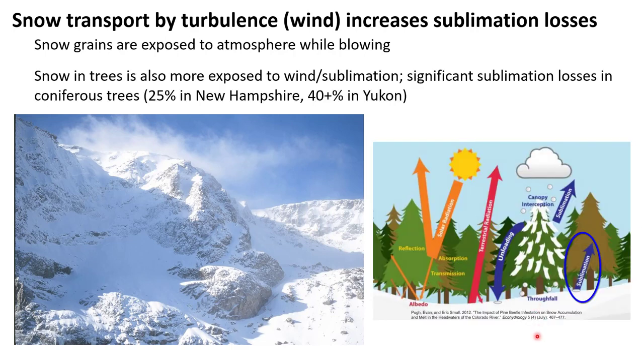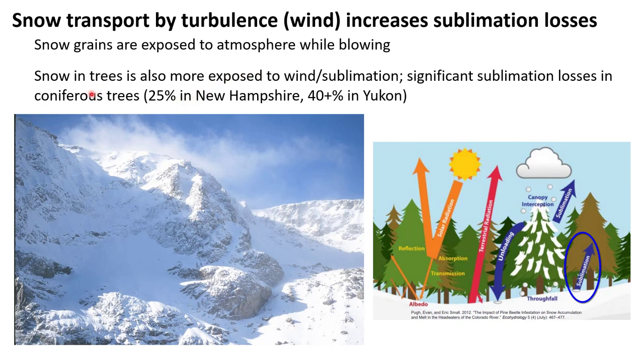And this is also true when you have snowfall that falls into trees. So if you have highly vegetated areas, lots of trees, the snow, for the same reason, is more exposed to wind and more exposed to sublimation effects. And this can be really important for modeling snowpack and hydrology in a particular basin or subbasin.